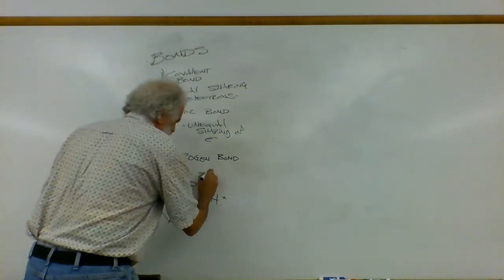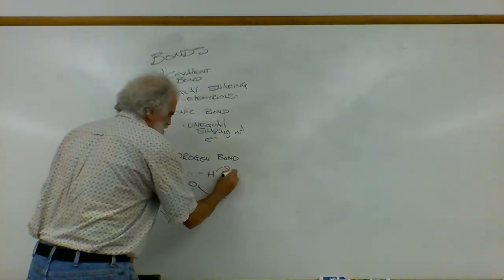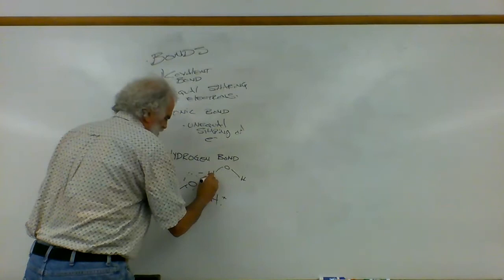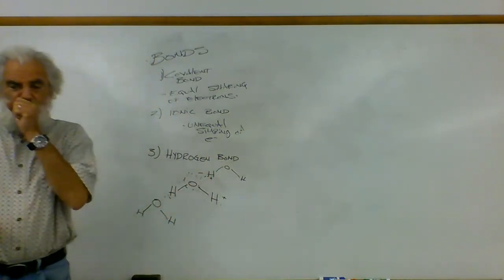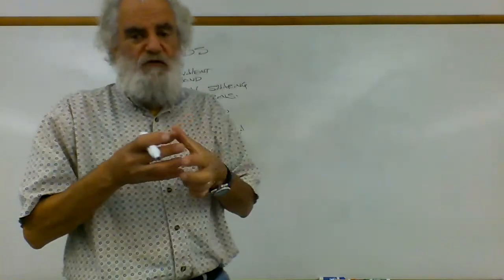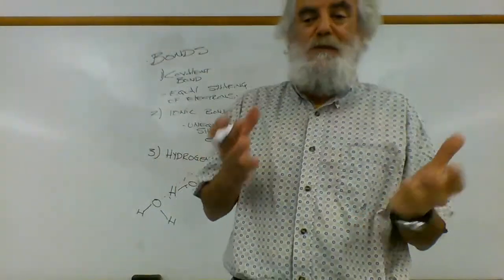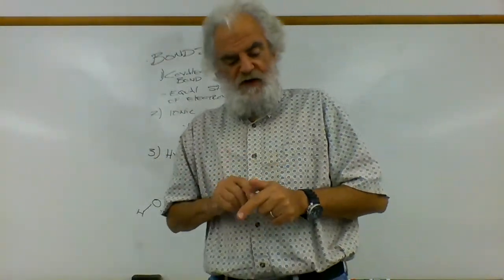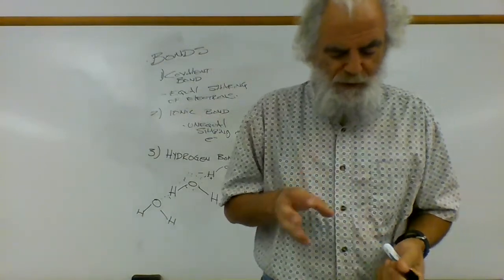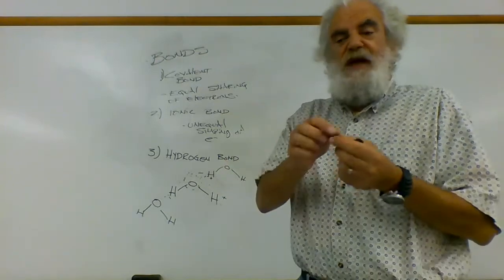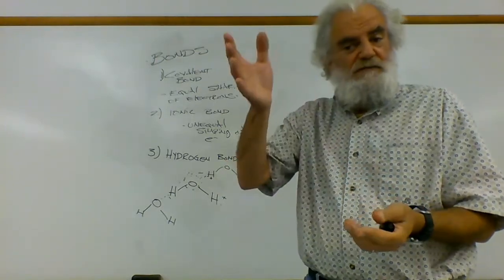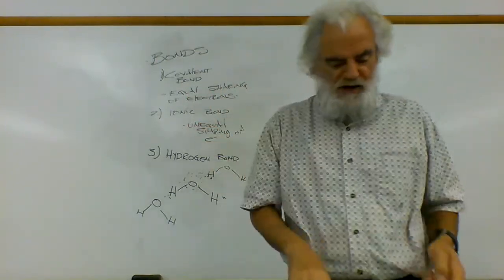We start making a mesh network of the slight positive charge, the slight negative charge, and this is what makes water form great droplets. Water has some fairly strange properties in that it's very sticky, and that's because of all the hydrogen bonds.